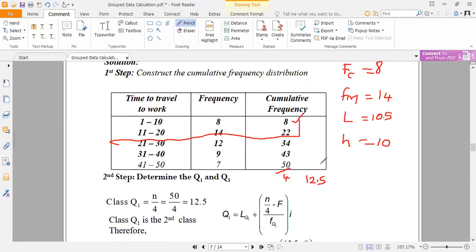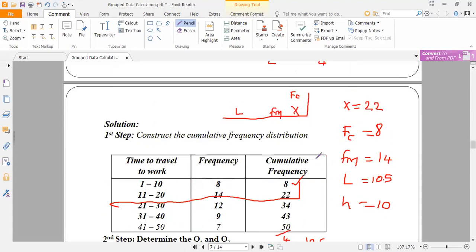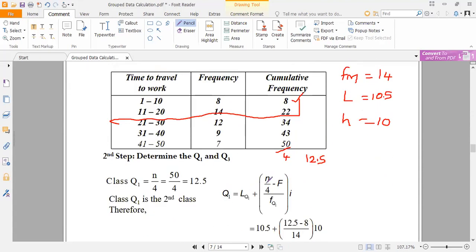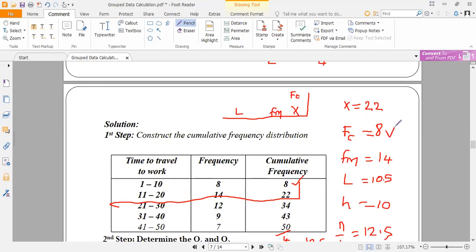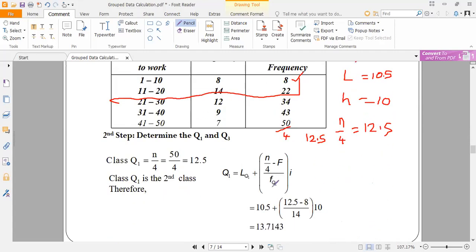So the formula is n over 4, and you already found 12.5. Our FC was 8, correct. Then our FM is 14, correct.